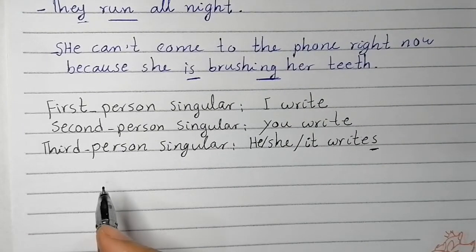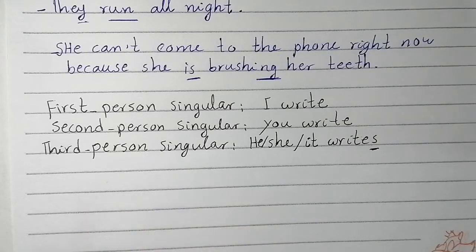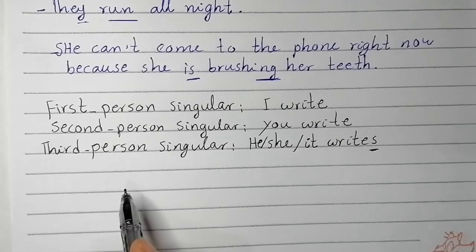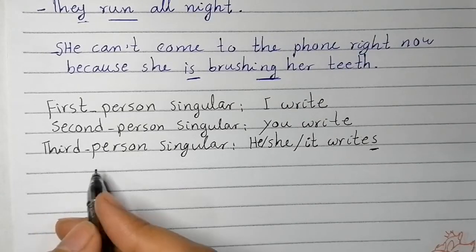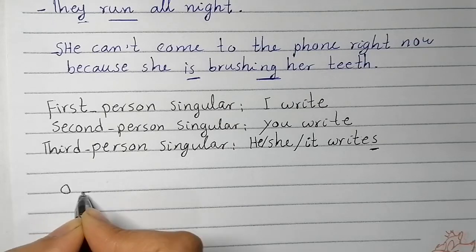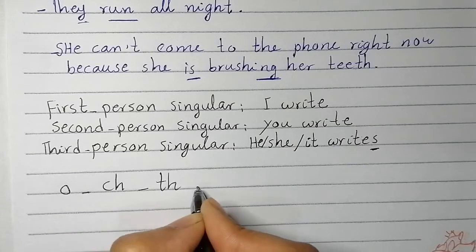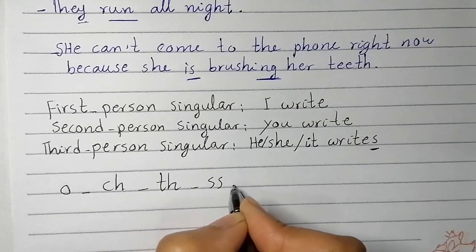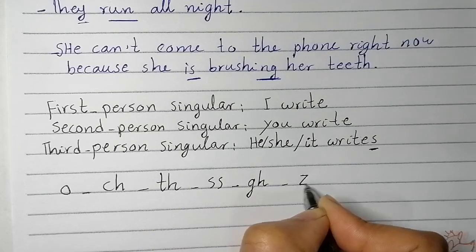For a few verbs, the third person singular ends with es instead of s. Typically, these are the verbs whose root form ends in o, ch, sh, t, h, double s, or gh, or z.